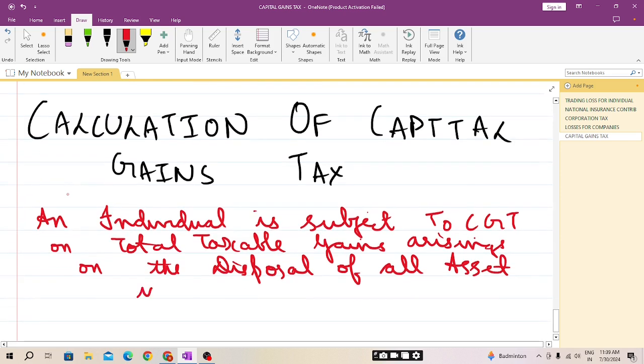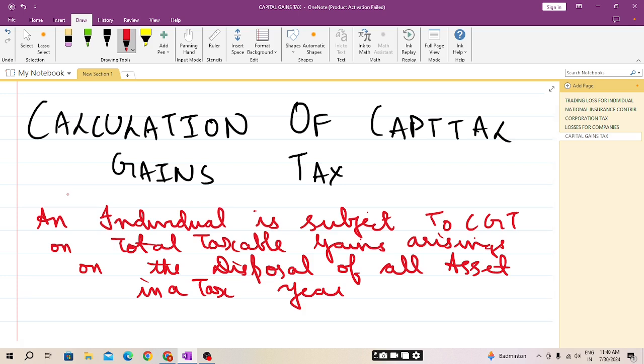So the individual will be subjected to CGT on the total taxable gains arising on the disposal of all assets in a tax year.